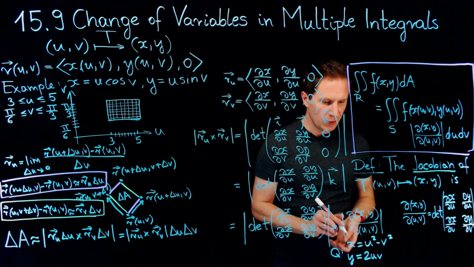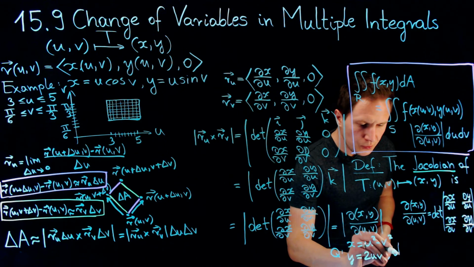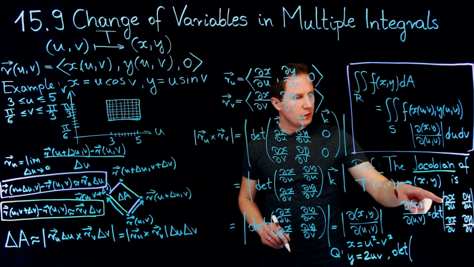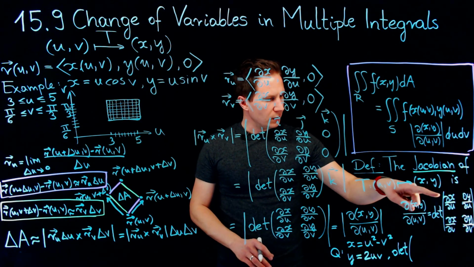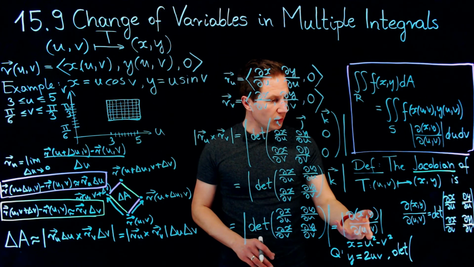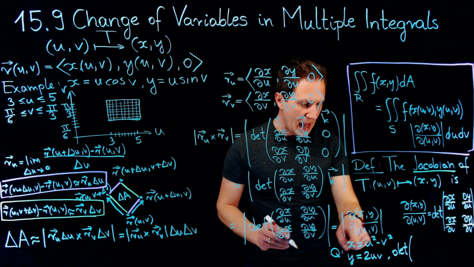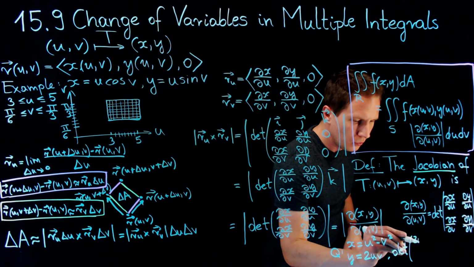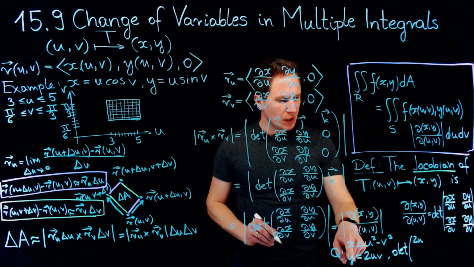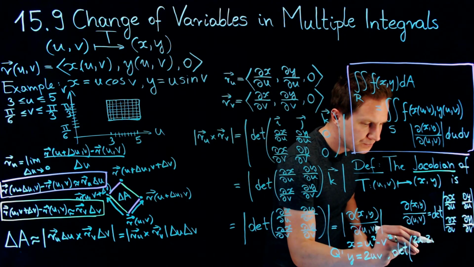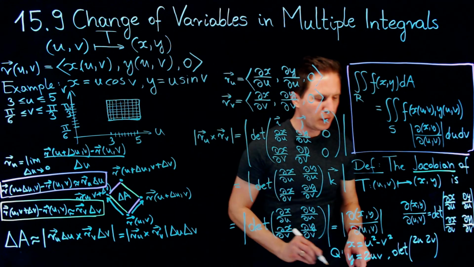I hope you paused the video and realized that the 2 by 2 determinant we have to evaluate is obtained by differentiating these functions with respect to u and v. If we differentiate x with respect to u, we get 2u. If we differentiate y with respect to u, we get 2v. This is the first row of our determinant.